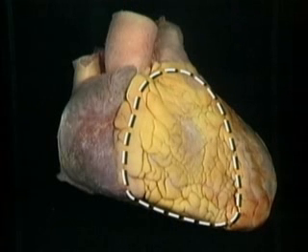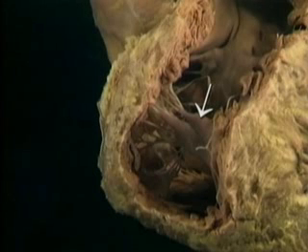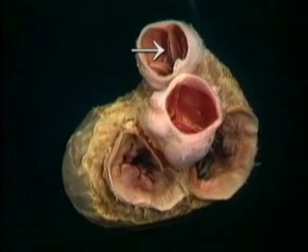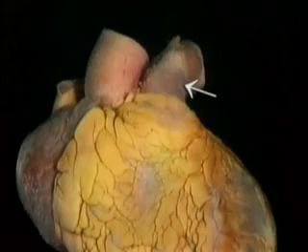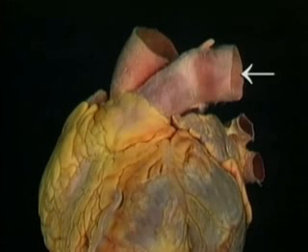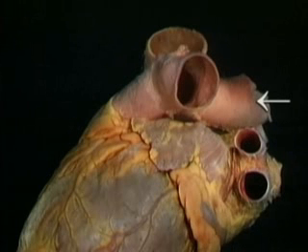Here's the right ventricle. Here are the papillary muscles, and the chordae tendineae, and the infundibulum. Here's the pulmonary valve, and the pulmonary trunk, branching into the left pulmonary artery and the right pulmonary artery.